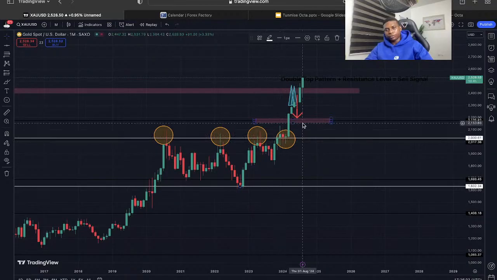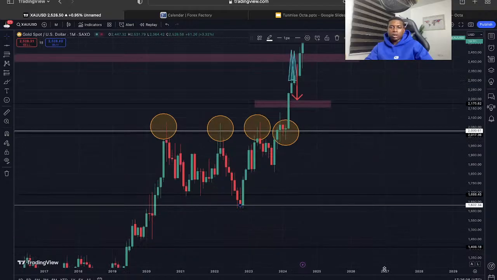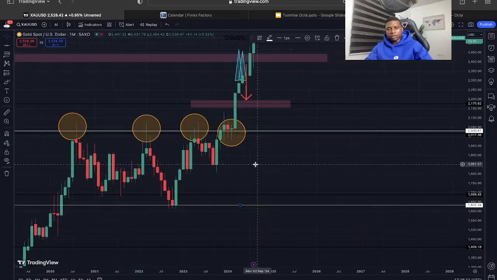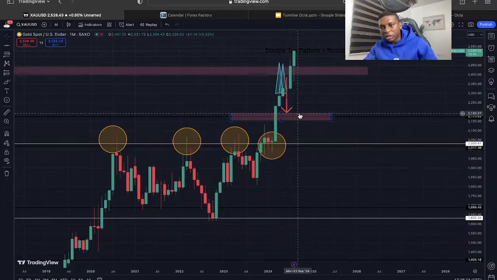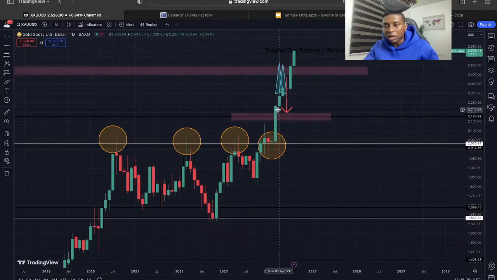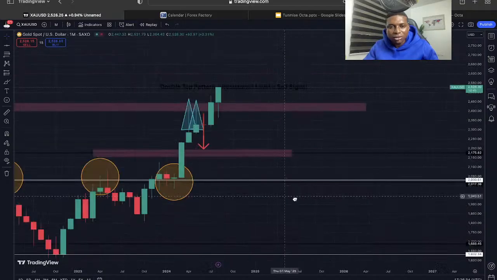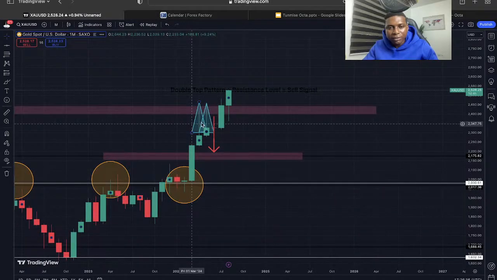Now this breakout saw a very drastic movement on gold. We see gold push up outside this level, got to an all-time high at, sorry, 2,200. Now it went as high as 2,400, and what do we see after going as high as 2,400? It pulled back. Let me take this off.